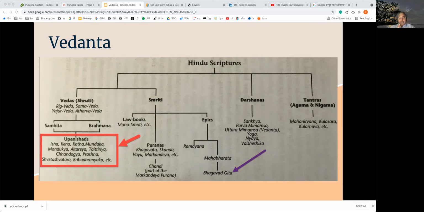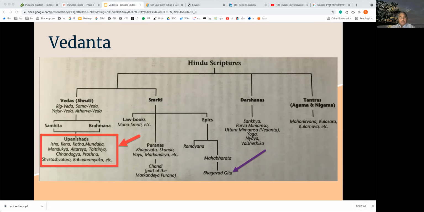So we are going to see some specific verses of the Kathopanishad or of the Mandukya and understand what they mean and how they are related. And you will come to appreciate a lot more of the Bhagavad Gita with this Vedantic background.